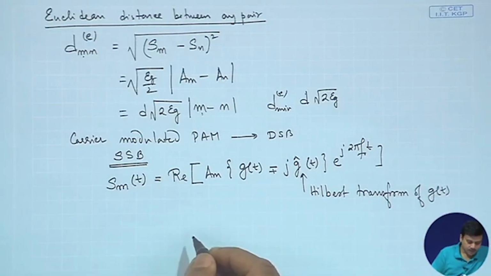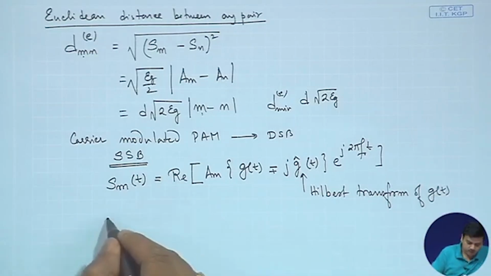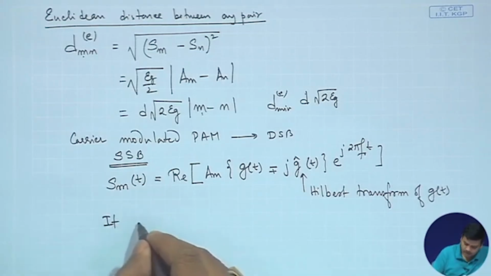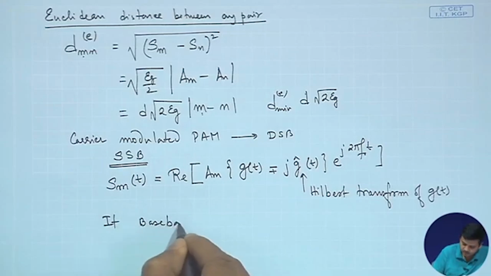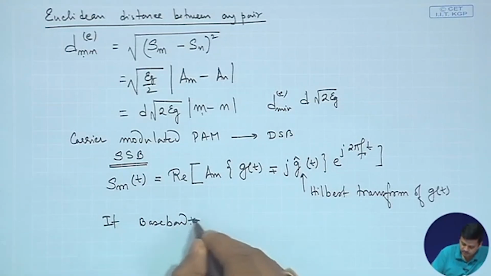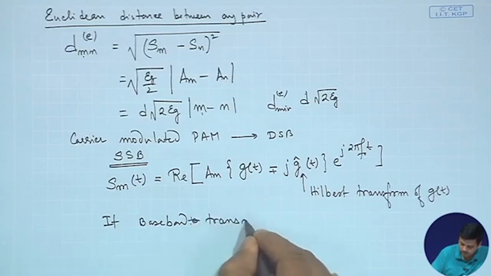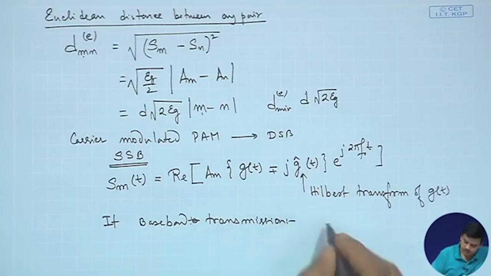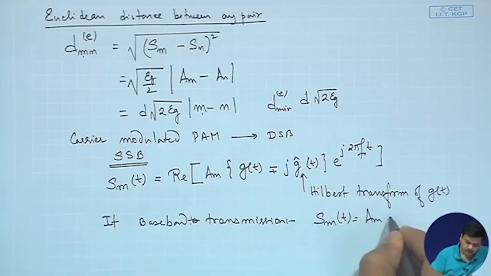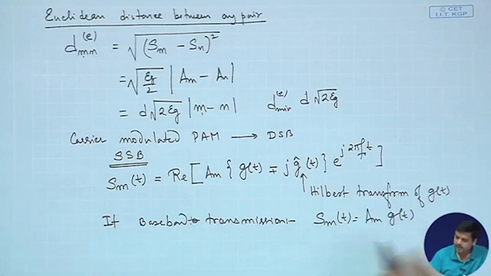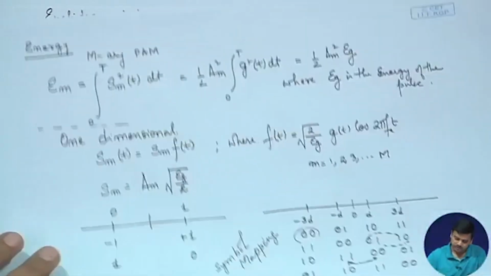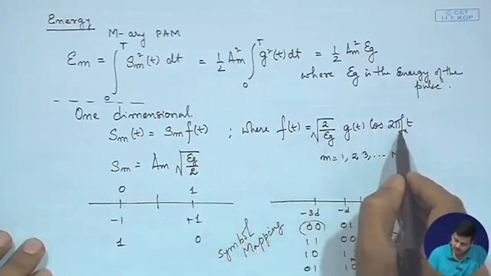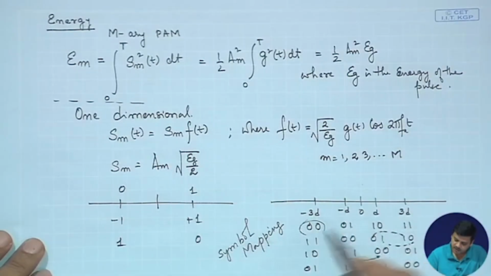And we have already said that if you are talking about baseband transmission, then we would write Sm of t is equal to Am g(t), and that is also clear from here, because fc is 0, so cos 2 pi fc t is 1.